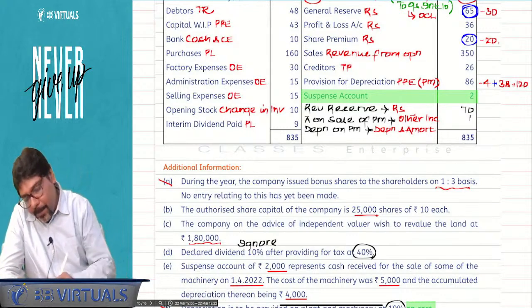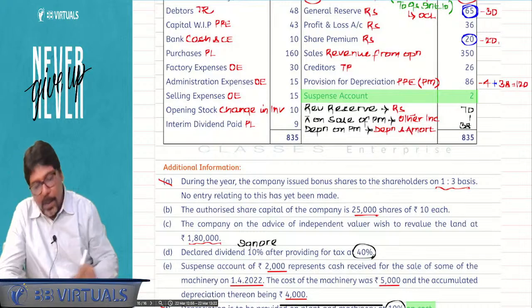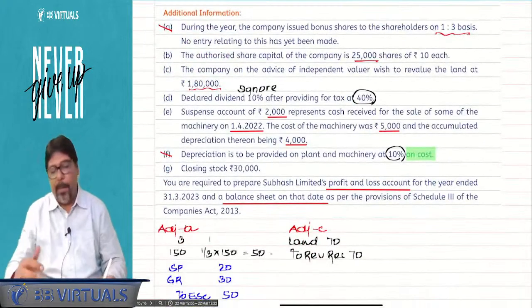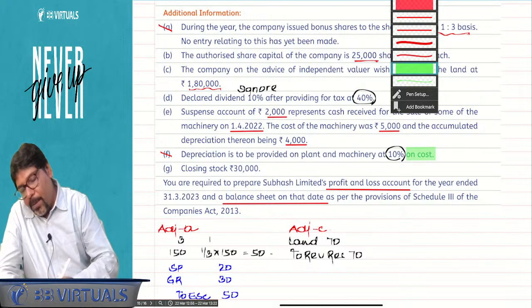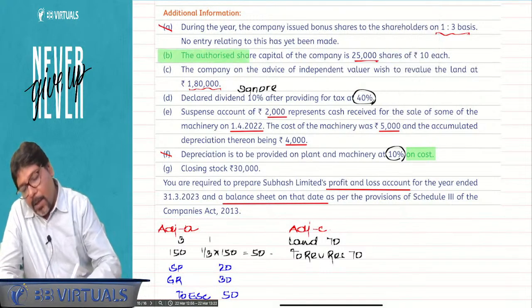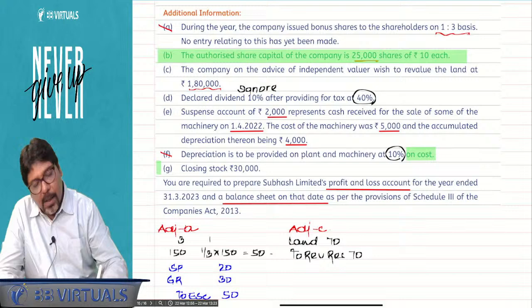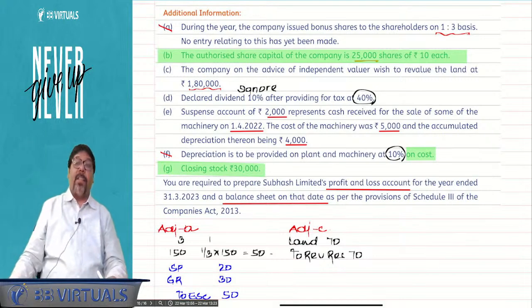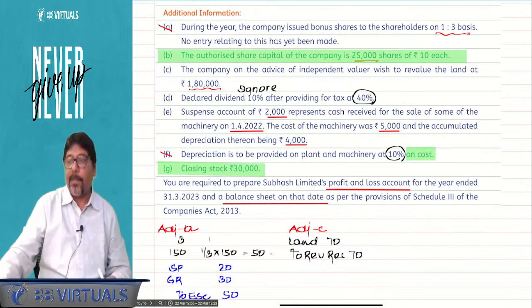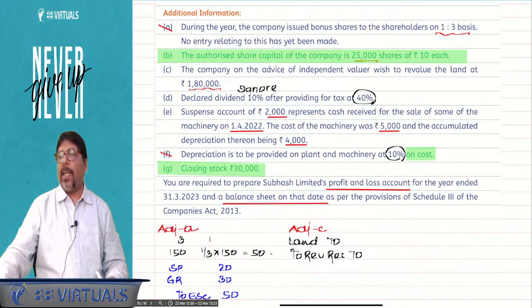How much? 38. So basically now we are supposed to remember only two adjustments. One is authorized capital, one is closing stock. Rest all adjustments we have done.